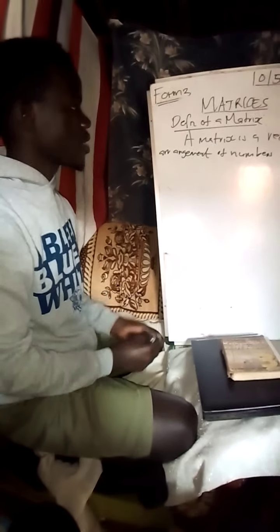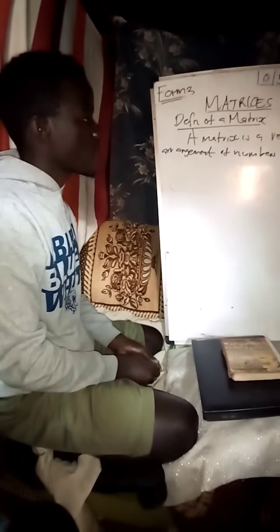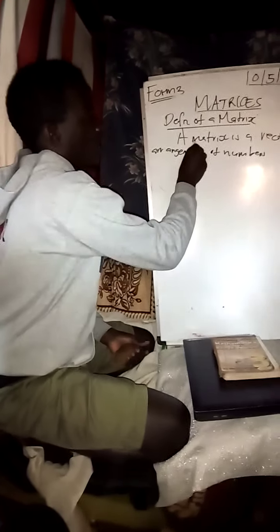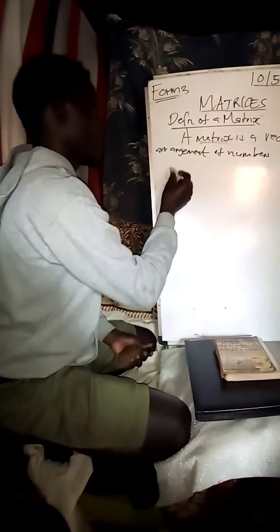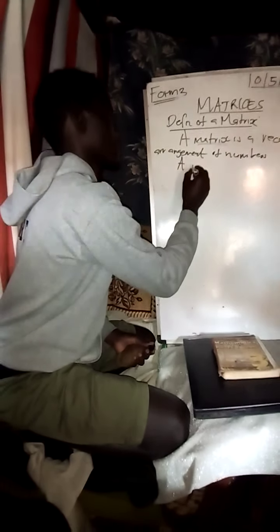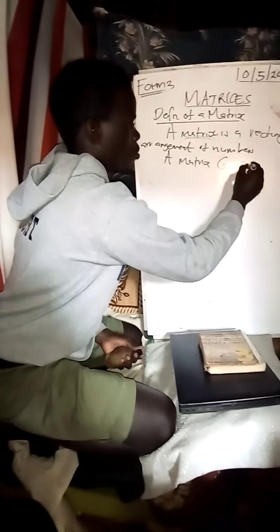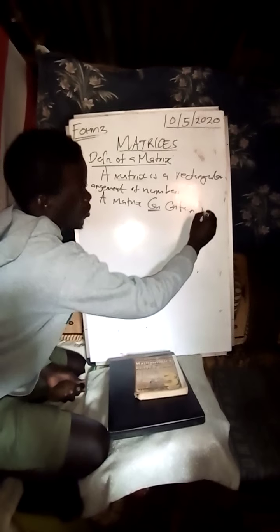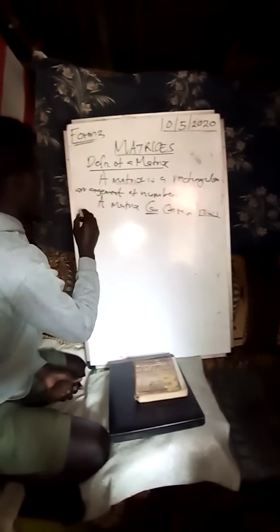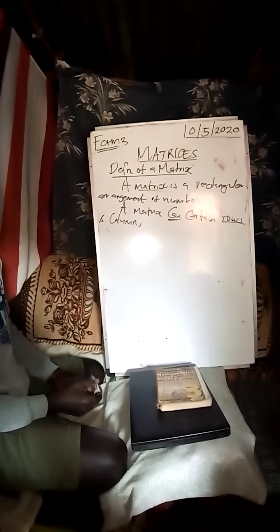So any rectangular arrangement of numbers is said to be called a matrix. And a matrix can contain rows and columns.